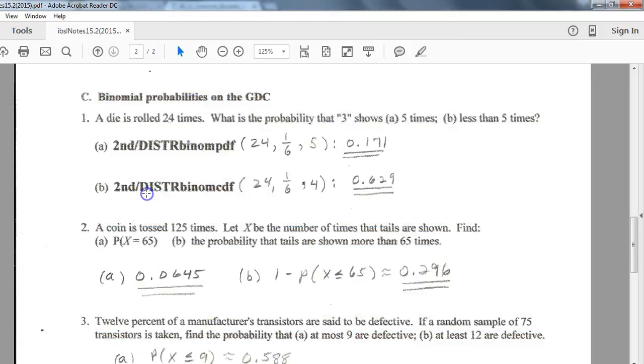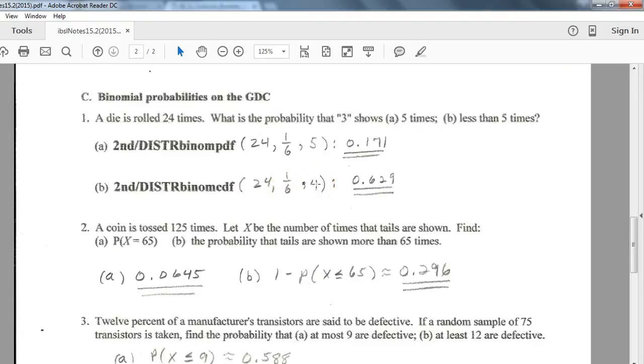Compare that to what you're doing here on part B, where you see a phrase like less than 5 times. This is now a bunch of things happening. This is not one specific outcome. This is a group of outcomes. So we're going to use that cumulative button, but otherwise you can see what's going on here. We're just typing in the numbers for the cumulative button. Keep in mind that it says less than 5 times, which means it does not include the 5.